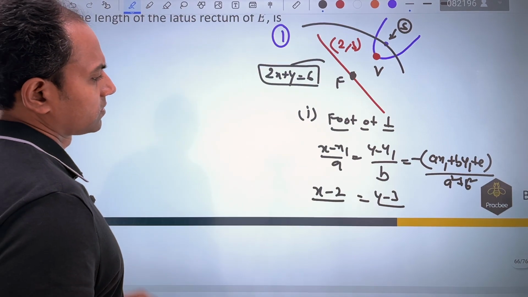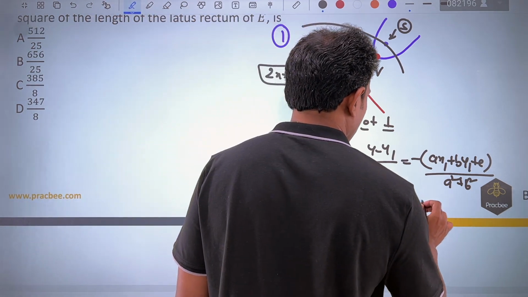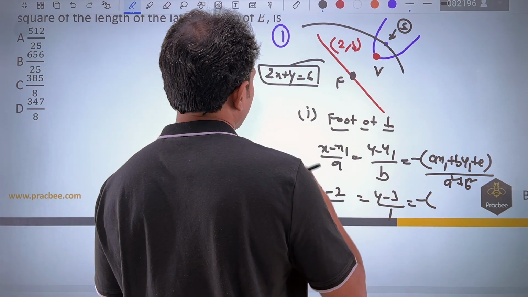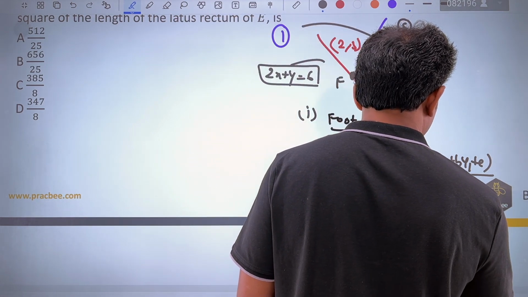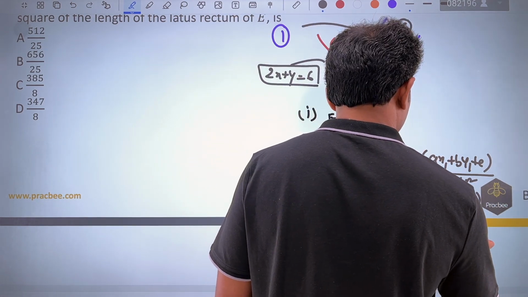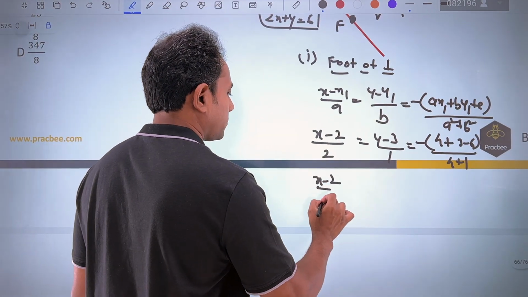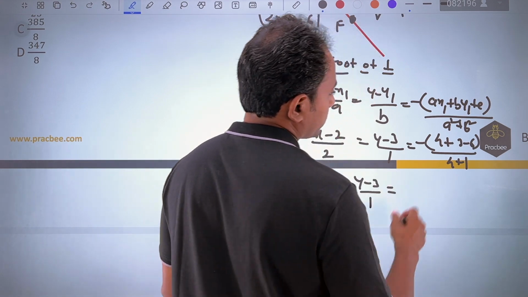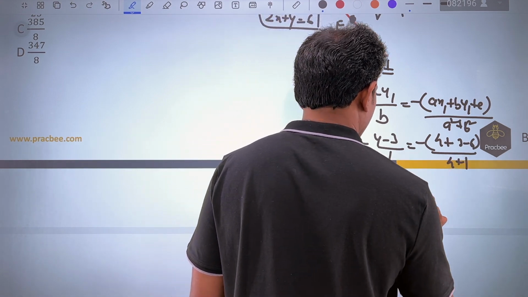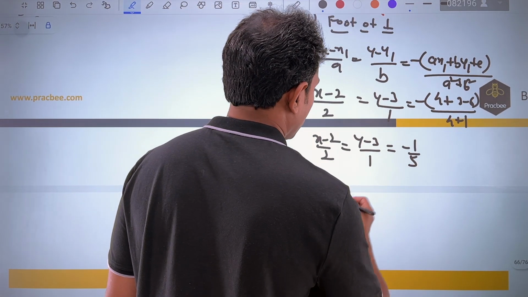Once you have this, we can put 2 here, we can put 1 here, and minus of, now if I put 2 and 3 here, that will become 4 plus 3 minus 6 divided by 4 plus 1. If you do this, this becomes (x minus 2) by 2, (y minus 3) by 1, and now this will become minus 1 by 5. Using this we have figured out our x coordinate.